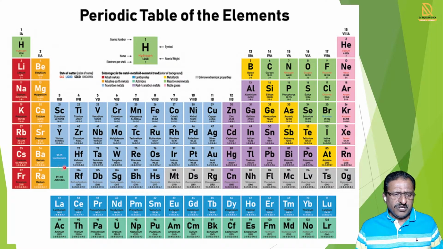In this blue colored part electrons are filled, but the 14 elements are shown at the lower side, and that is called the inner transition series. Actually its position is in the third B group in the sixth period. So this is the inner transition series.